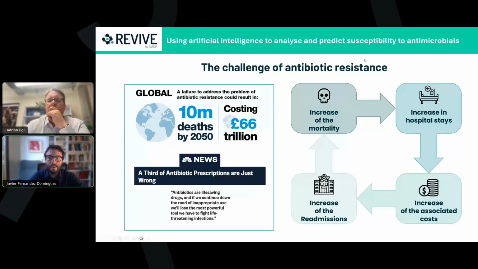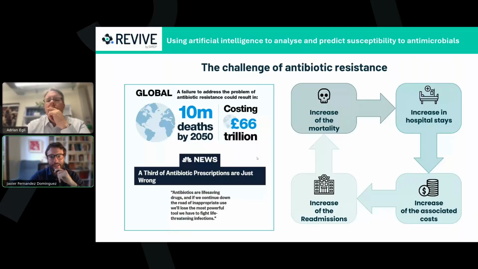Now, this is one of the biggest problems for healthcare systems worldwide, and it's costing a lot of lives, but also a lot of money to the healthcare systems. And the worst is that the forecasts for the future are pessimistic.